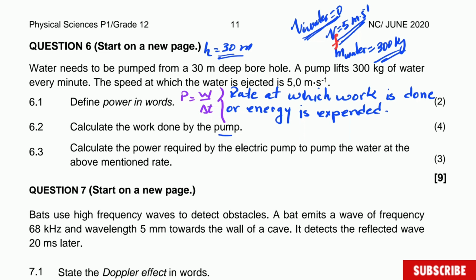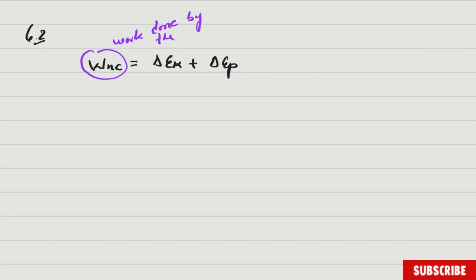Okay, so this is the data we have to take into consideration. What formula are we going to be using here? For this question, we are going to be using the law of conservation of energy. In other words, the work done by the non-conservative forces is equal to the change in kinetic energy plus the change in potential energy. And this work done by the non-conservative forces is going to be the work done by the pump.